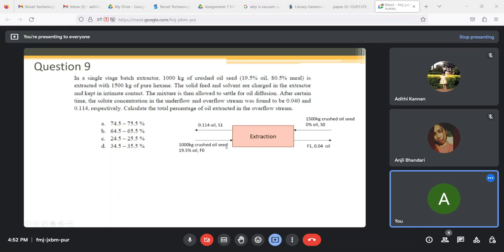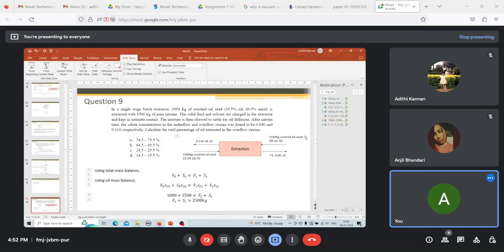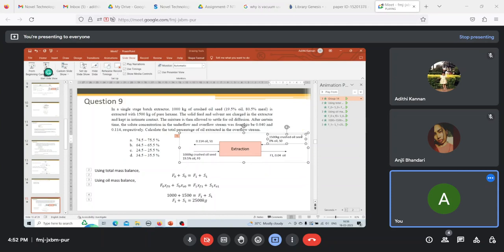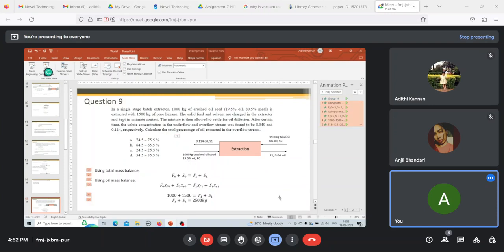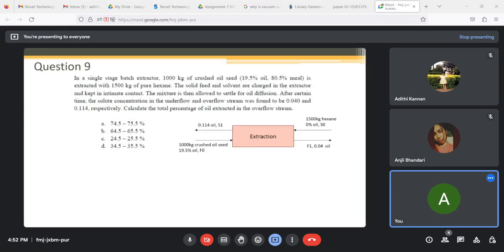One is the inlet feed stream, 1000 kgs with 19.5% oil, and then you have an inlet solvent stream, which is 1500 kgs of hexane coming in. Then after the extraction process, you have an underflow and an overflow.